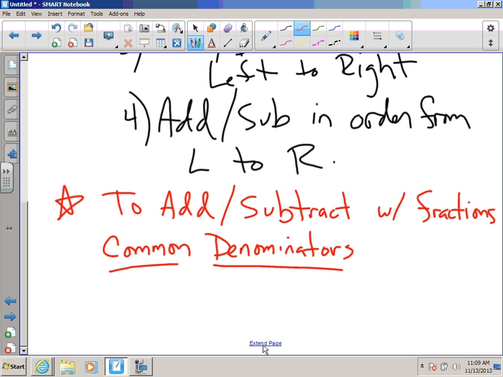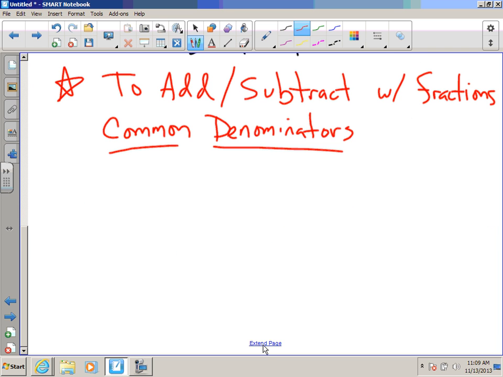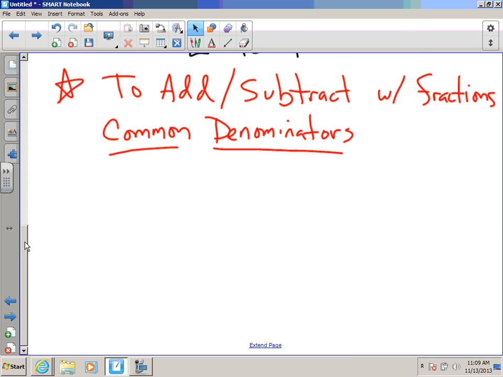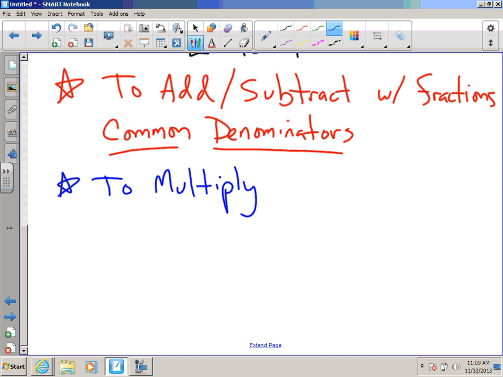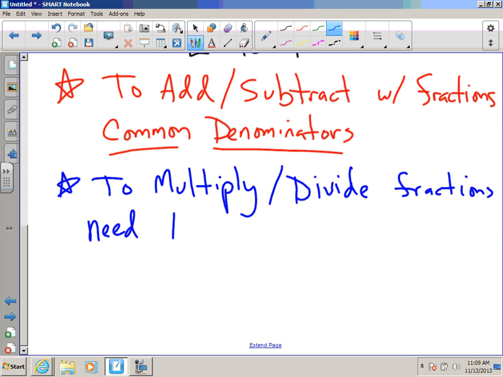That being said, to multiply or divide fractions, we need fraction form, with the little asterisk.